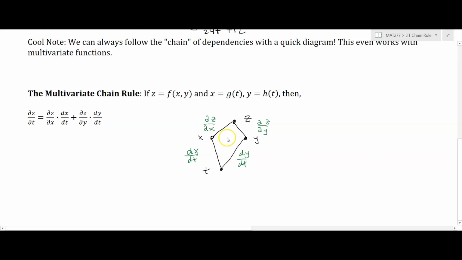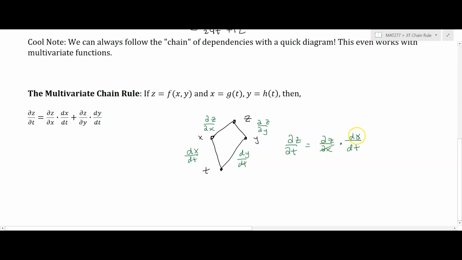Now there's two routes to get to T, right? There's one via X and there's one via Y. So the way we can think about this is how Z changes depends not only on how X changes, but also on how Y changes. So to construct dz dt, what I have to do is first of all look at how Z changes because of X. So dz dx multiplied by dx dt.